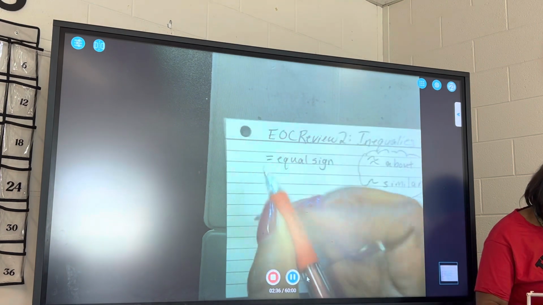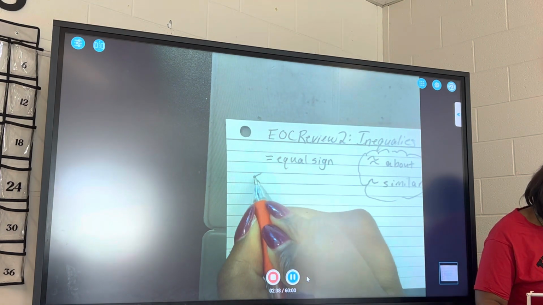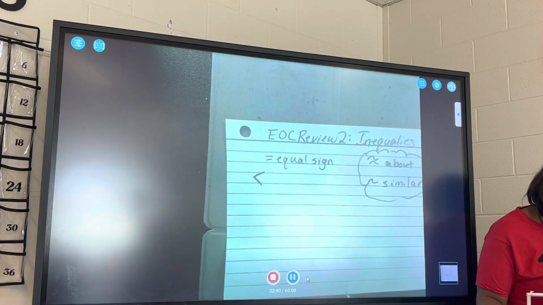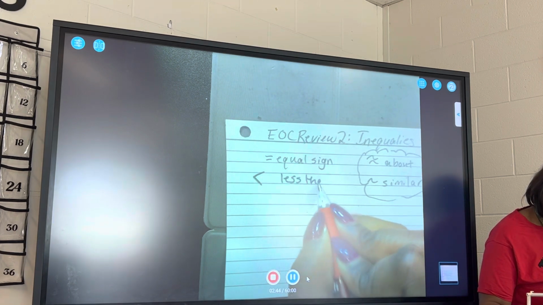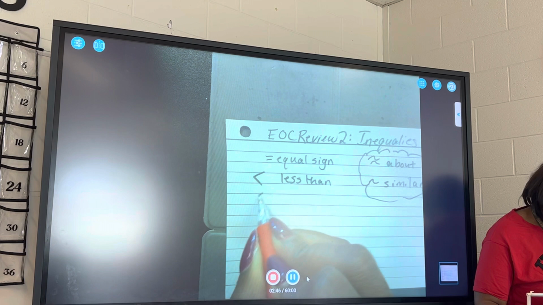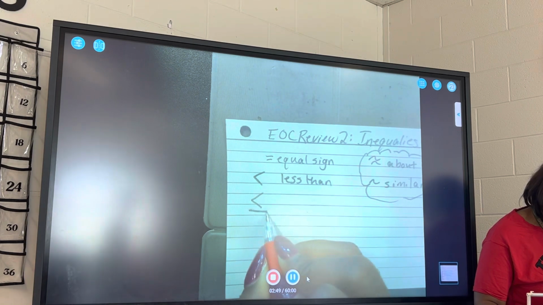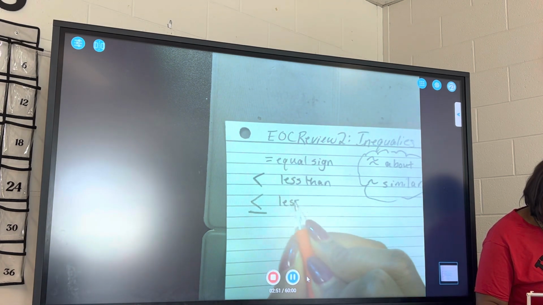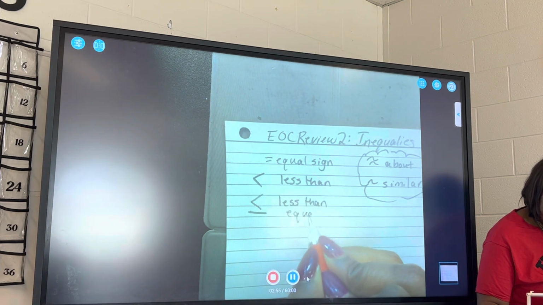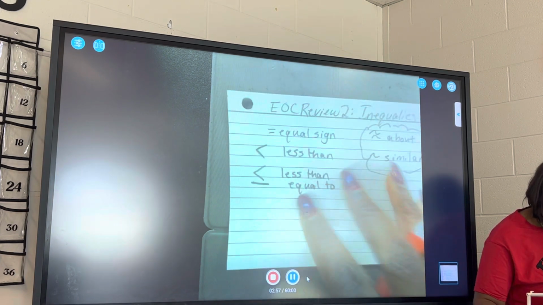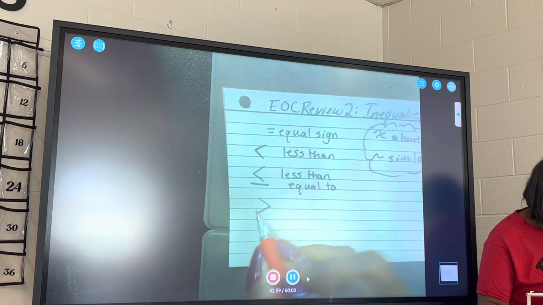All right, so now you have the symbol that goes this way. This is your less than sign. We have a symbol that goes this way but has an equal under it. This is less than or equal to. We have a symbol, the mouth is open this way.